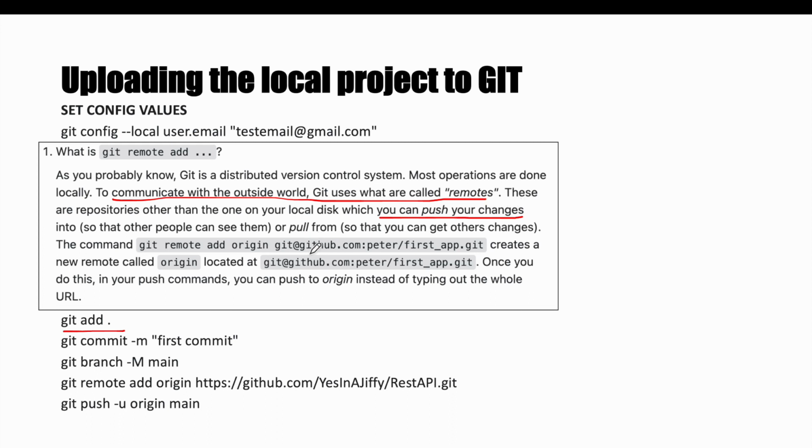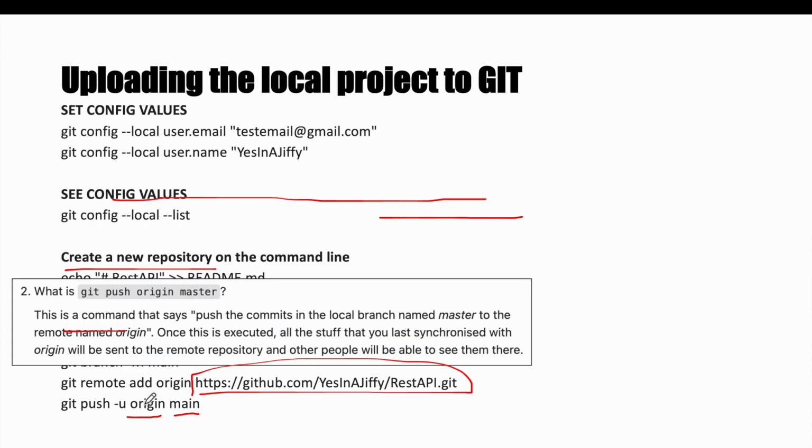What this command is doing is creating a new remote called origin. And what is the location of this new remote? The location is this path. So it creates an origin which is directing to this path. And then when I say push my changes to origin from my main, which is the local main, it will be pushed here.